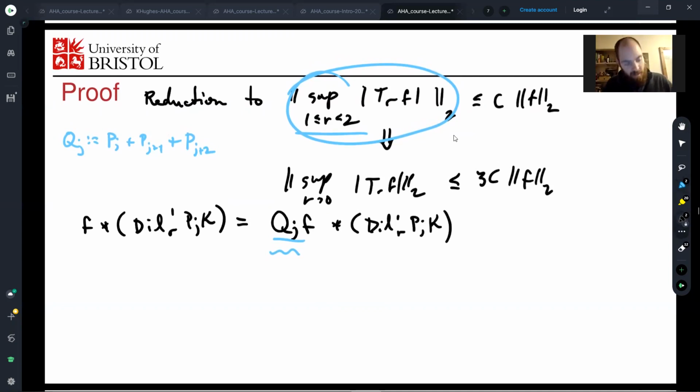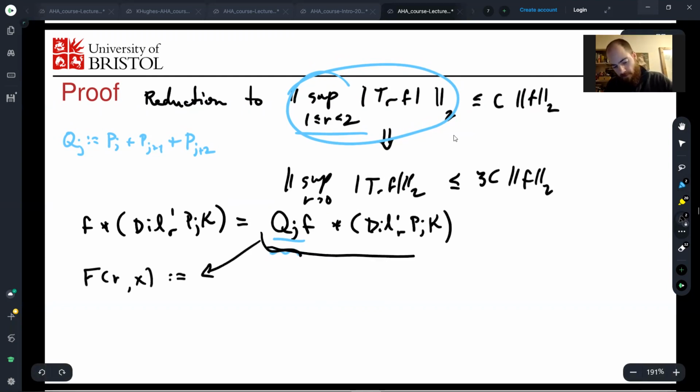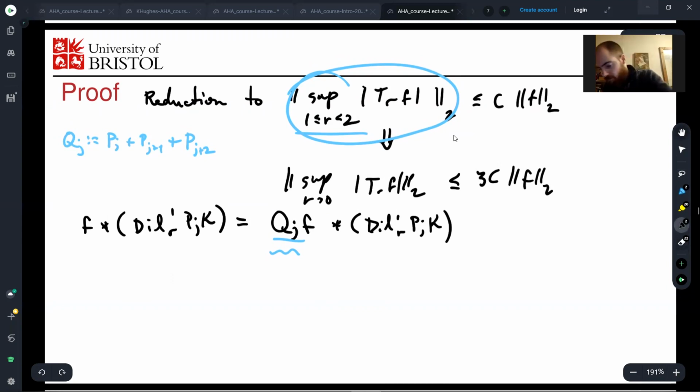Well, the way I'm going to do that is I'm going to introduce a function, big F of Rx, and I'll define it as just this right here. We're just saying I define this to be f r of x.